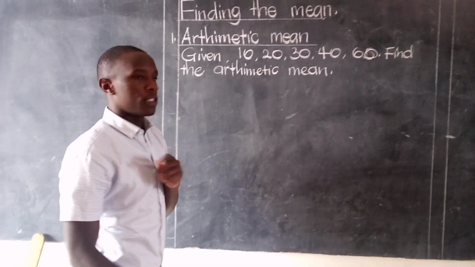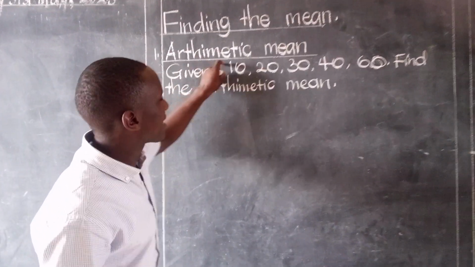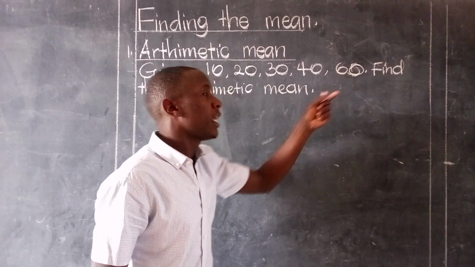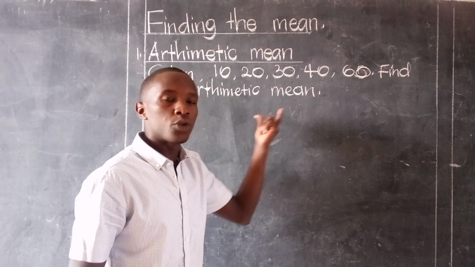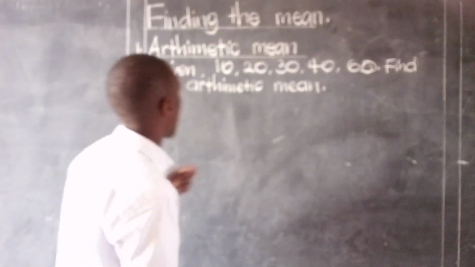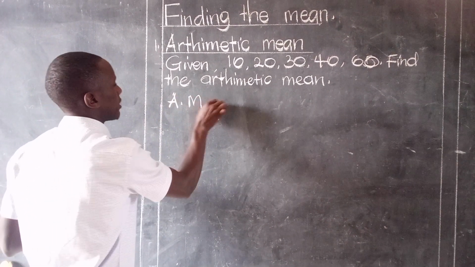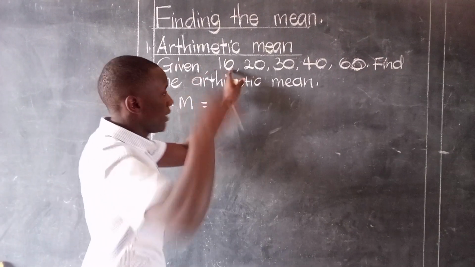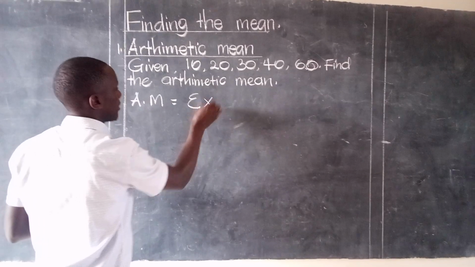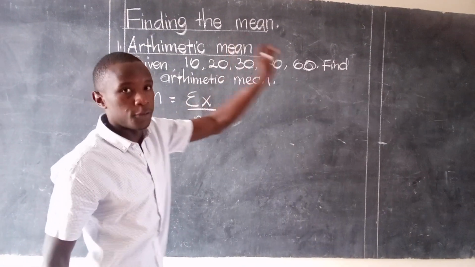To find the arithmetic mean of such observations, simply we find the summation of the observations we have, divided by the number of the observations, as I'm going to do it here. So the arithmetic mean will simply be the summation of x out of the number of observations, or the frequency.